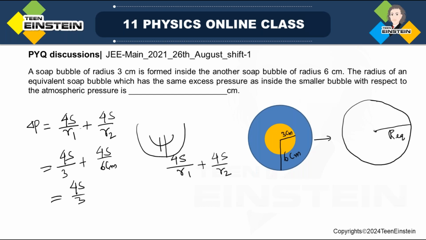I hope this calculation was okay. So 4S by r is the excess pressure. Now I have an equivalent bubble which has radius R, and since it is a soap bubble, this excess pressure will be equal to delta P.